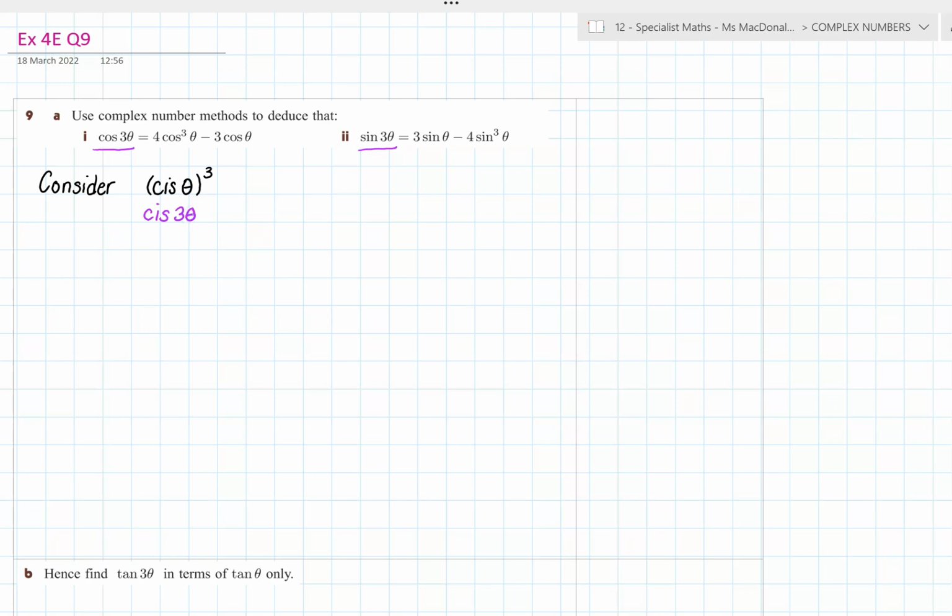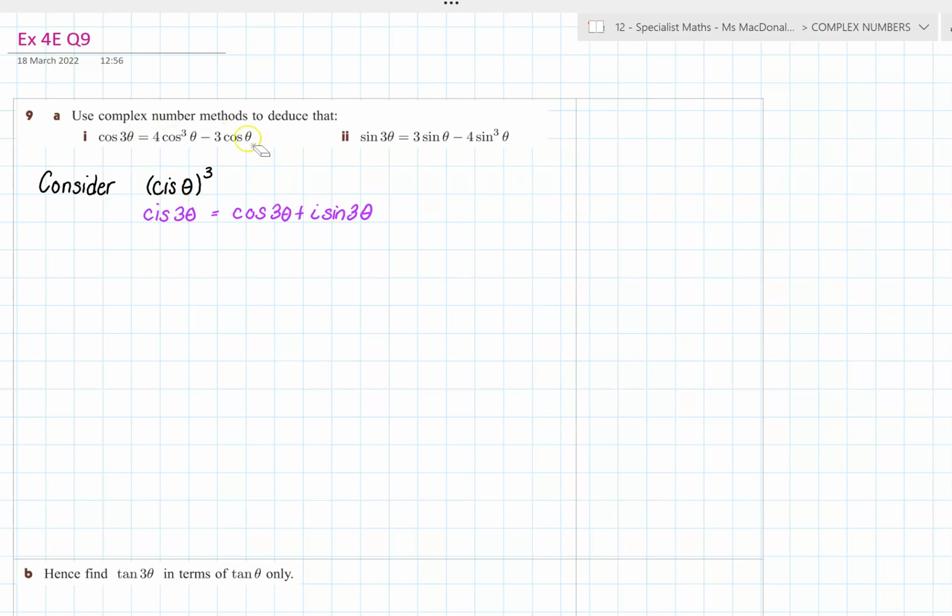So that's going to give us, eventually when we expand that, our cos 3θ plus i sin 3θ. Okay, so that allows us, we've got our cos 3θ over here. But how are we going to get all of this stuff here?